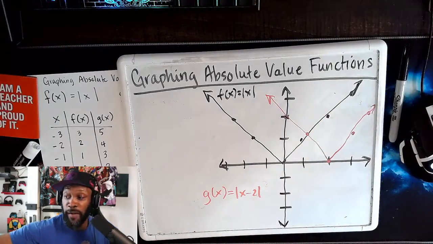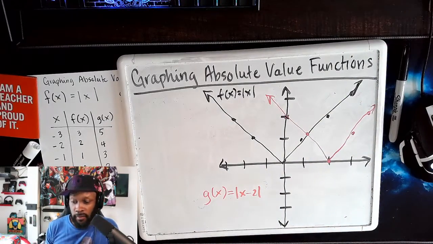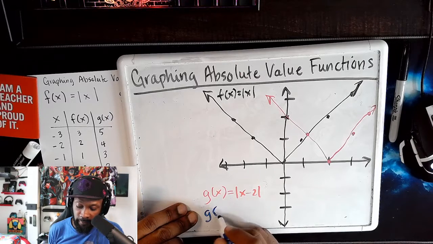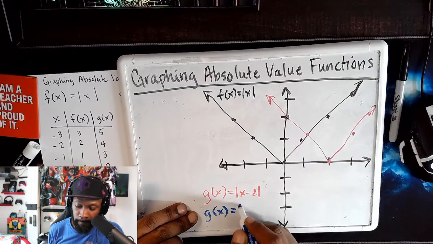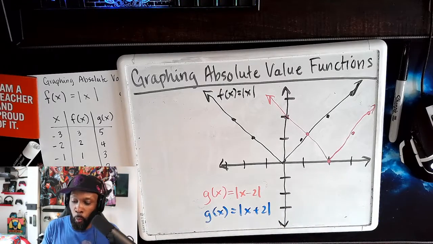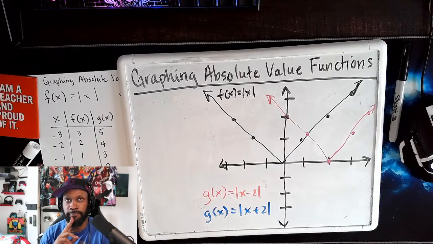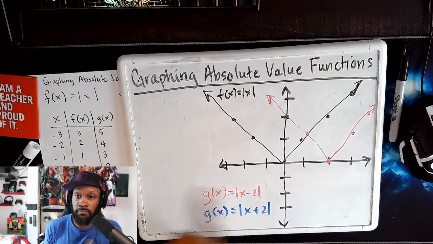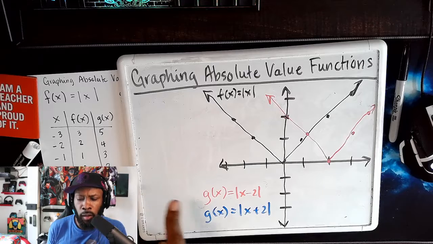So consider this. What if I had written this graph plus 2? What would have happened to the graph instead? I'll give you a second. It shifts to the left.